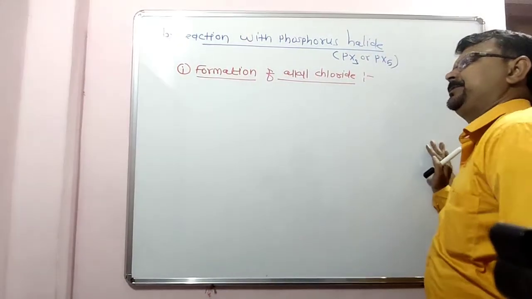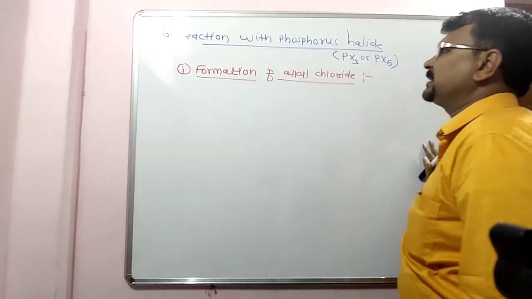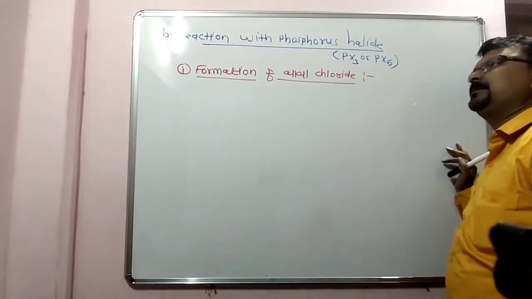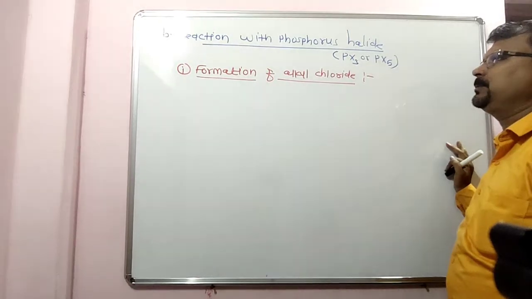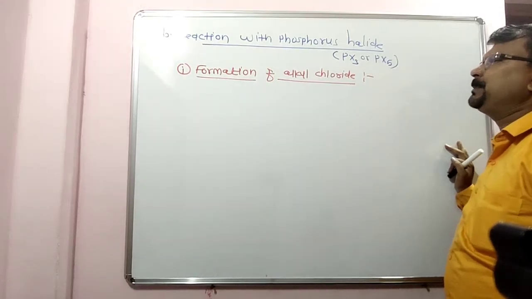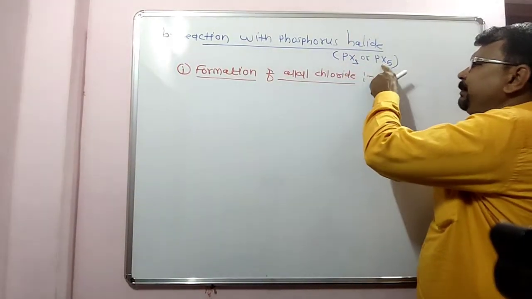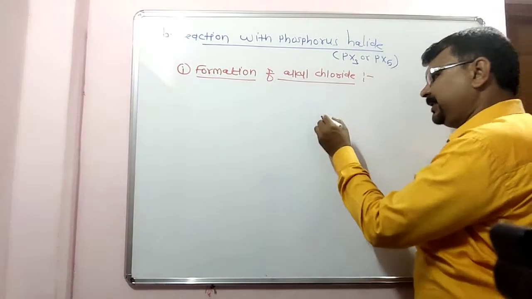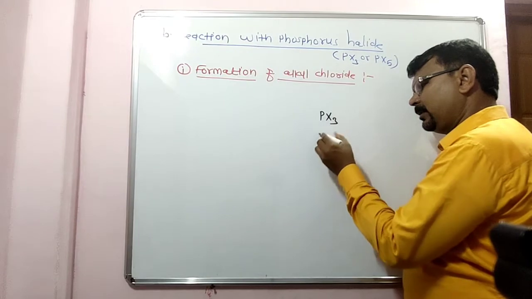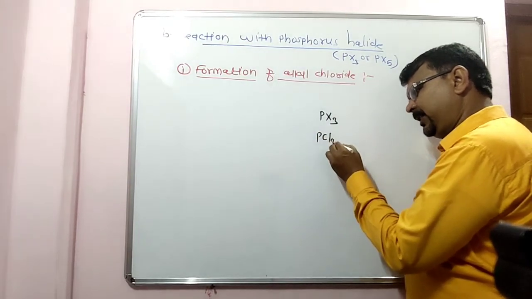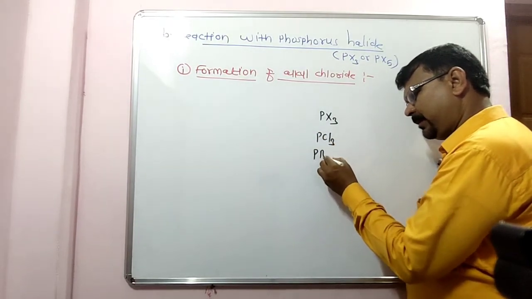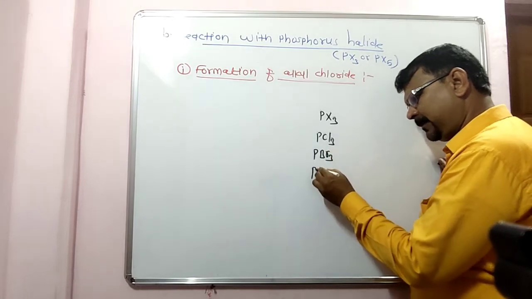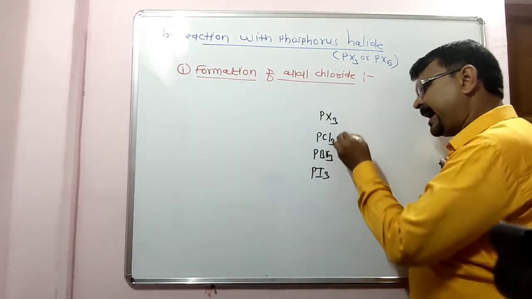New point. B. Reaction with the phosphorus halide. Do you know phosphorus halide? PX3, PX5. PX3 means PCl3, PBr3, PI3.